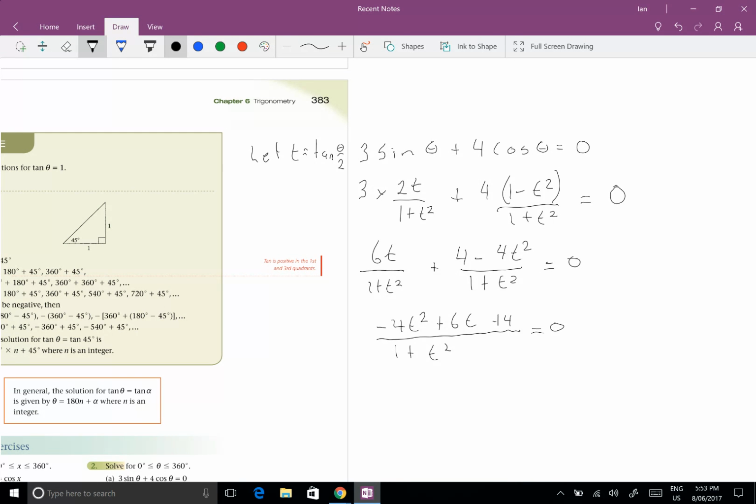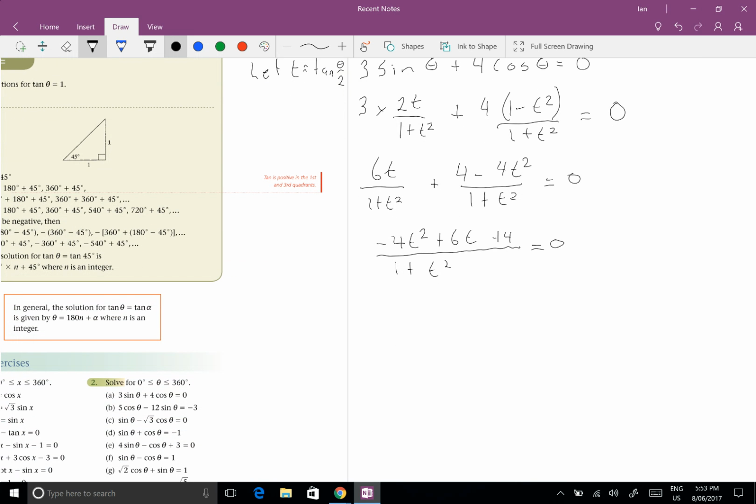I don't need to because I know that whenever I've got an equation that equals 0 and I've got a fraction, I just have to worry about the top. So negative 4t squared plus 6t plus 4 equals 0. Let's take everything over the other side. So I get a positive 4t squared, so 4t squared minus the 6t minus the 4.